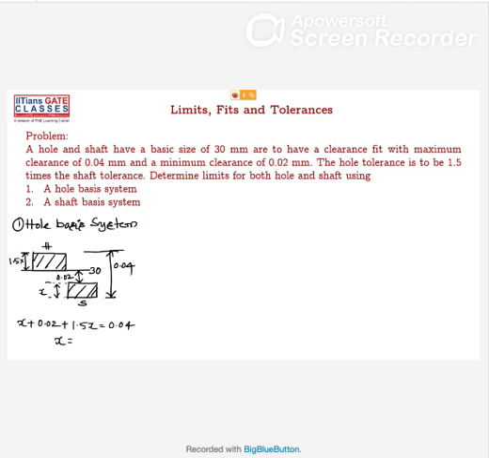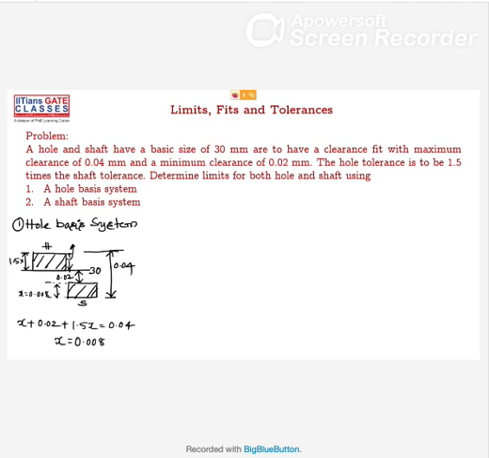Anyone? It is 0.008. So now you got the shaft tolerance, that is 0.008. So this X is 0.008, and this tolerance, 1.5 times X, is 1.5 into 0.008, which will be 0.012.